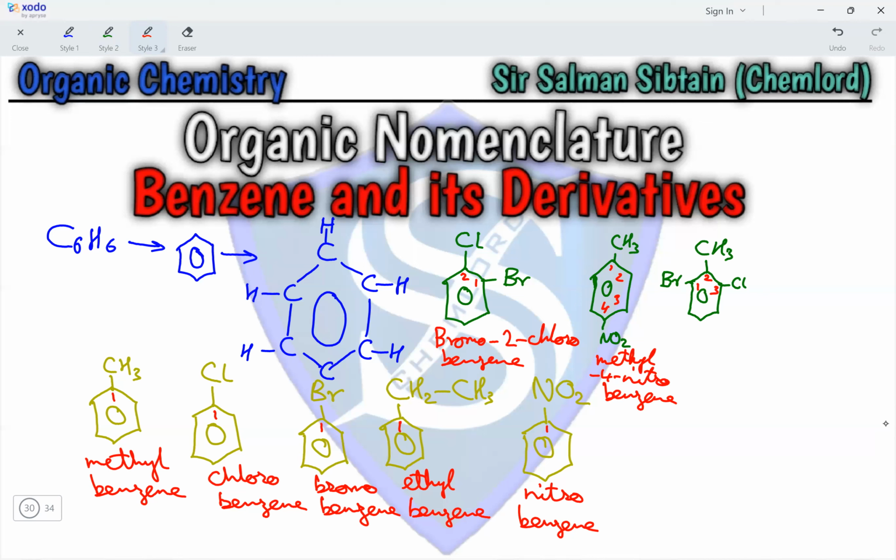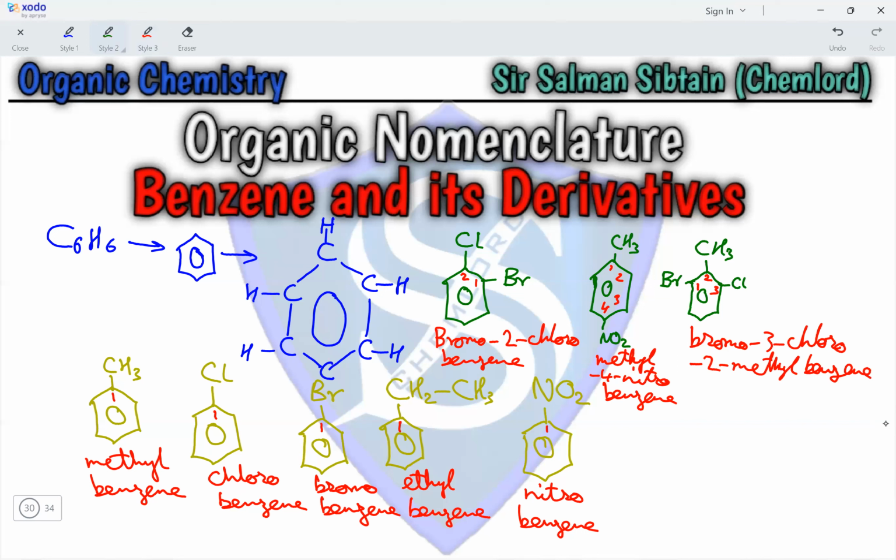But when naming this compound, we would start with bromo 3-chloro. Since C comes after B, then we get 2-methylbenzene. So like this, if we've got multiple groups present on it, we name it according to the alphabetical order.